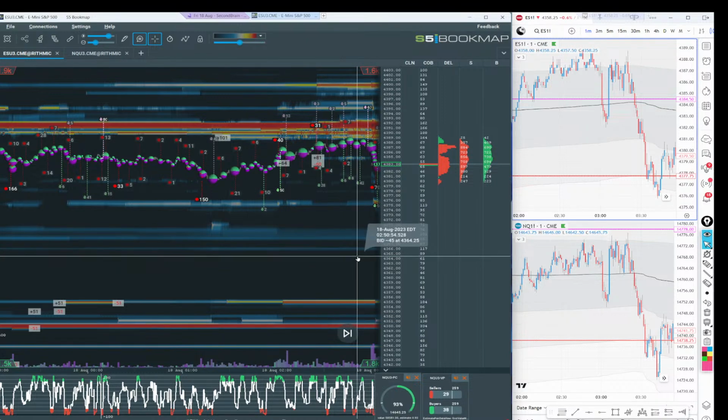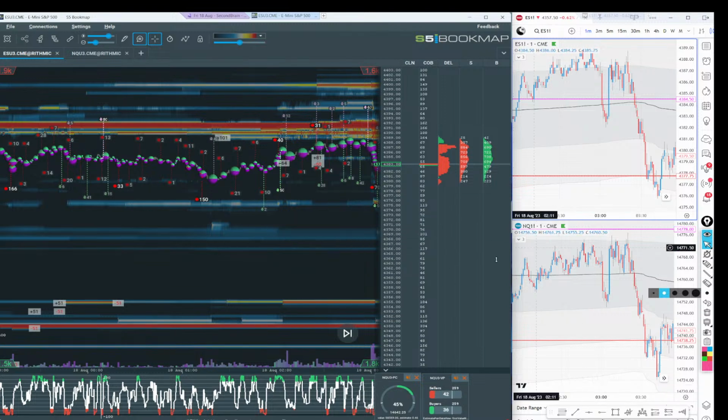So there was always the potential that it might want to go and tag home and drag the NQ and ES with it. Okay, just checking to make sure there are no questions. Nope, no questions. All right.